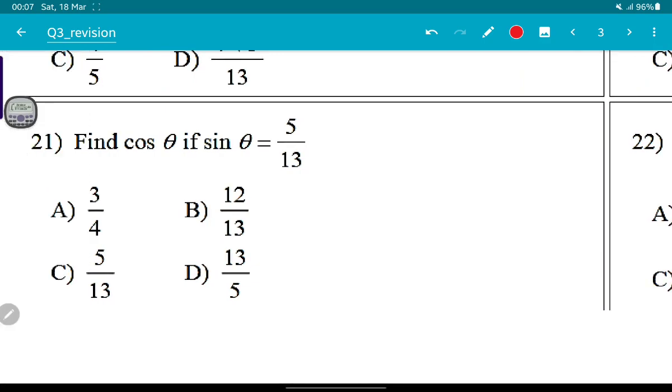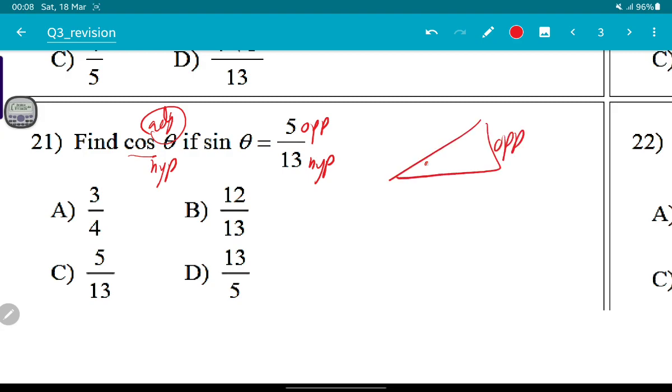If you need to find the cosine, if you are given the sine, so the sine is opposite over hypotenuse, right? And cosine is adjacent over the hypotenuse. So you don't have the adjacent here, but you have the opposite.